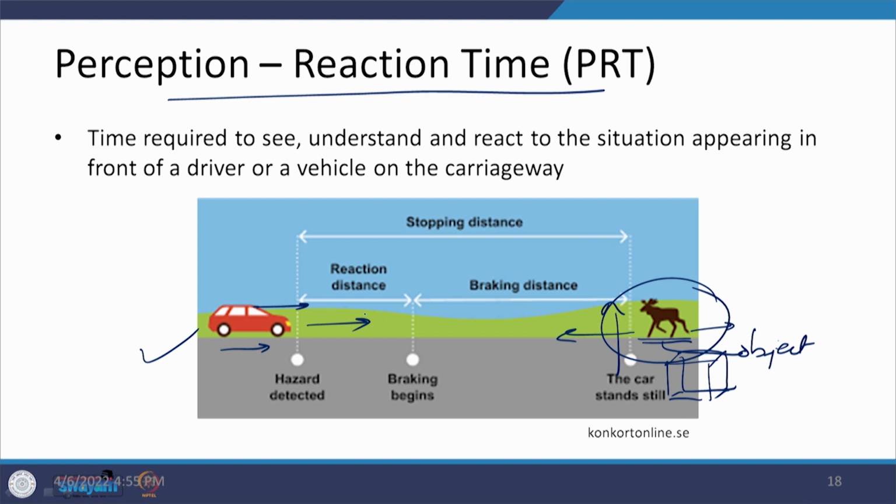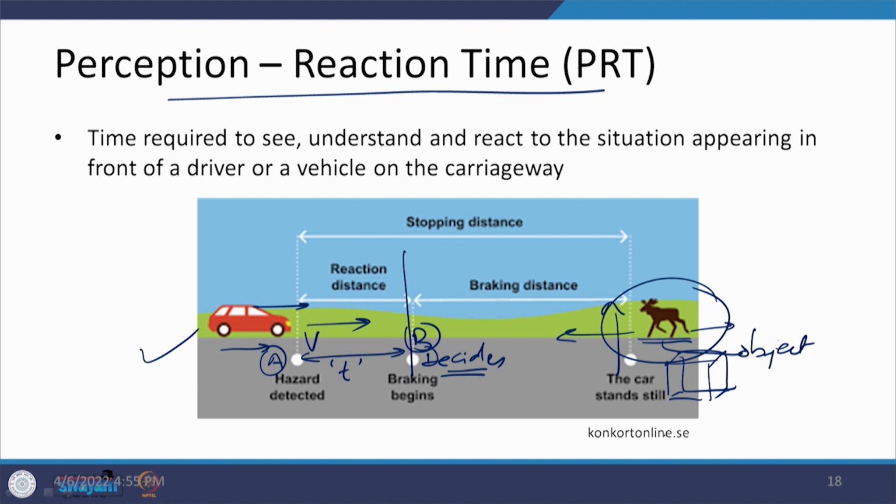So, when this is happening, this vehicle is moving with the speed v, and this vehicle will keep moving at the speed v up to a particular point, by which the driver is able to understand the situation and decides what to do. So, this distance which is moved from say a location A to location B on this road in the time t is what we are talking about here as a perception reaction time.